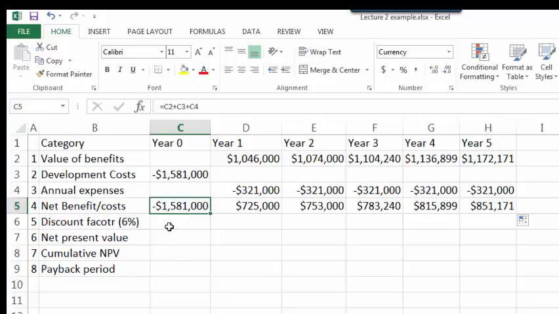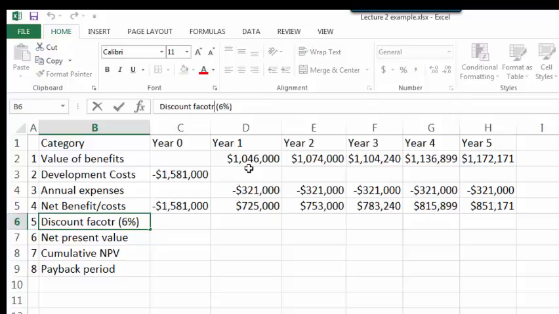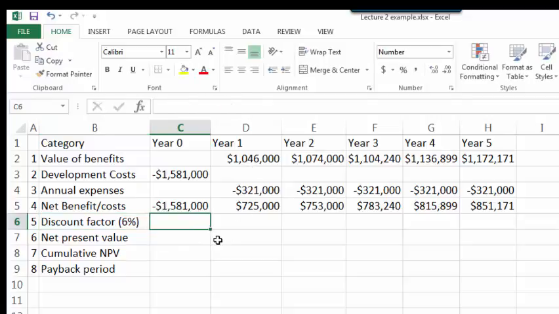Now we come to the more complex figure, the discount factor. In this example, we use 6%. This is usually a good assumption, so you can probably just use that for your example as well.